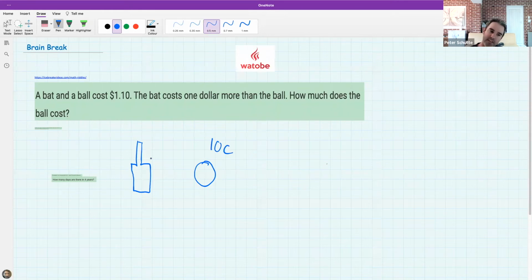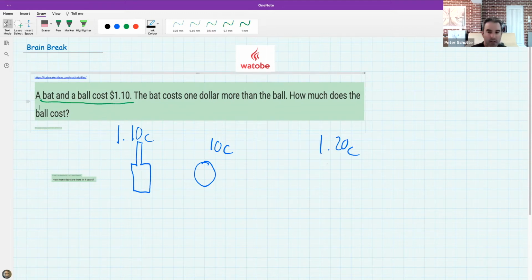And you've told me that this ball is 10 cents. And if this bat is $1 more, I'm guessing it has to be $1.10. But now when I add them together, I get $1.20, which is not what they said at the beginning. And this has me puzzled.